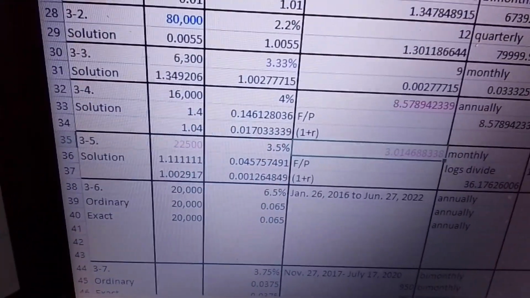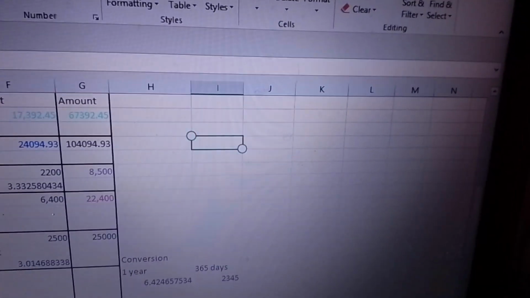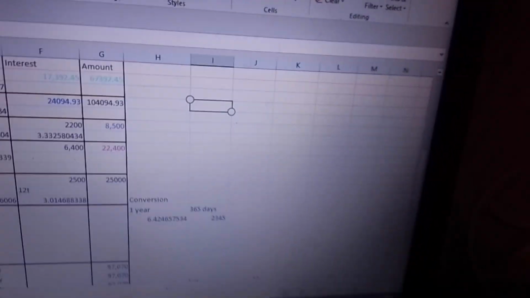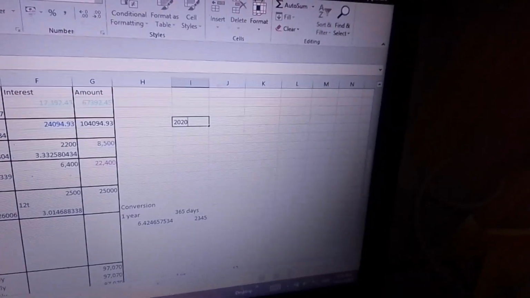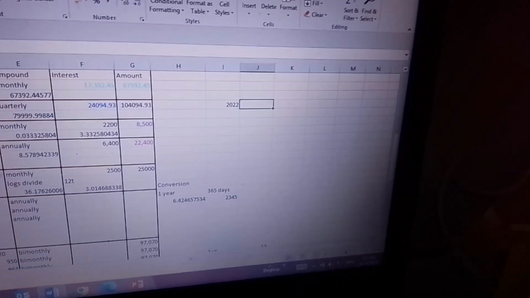Now, here's my solution sheet. I did it in both situations for ordinary and exact, but I think I might be more compatible with ordinary time. So, to do for ordinary time, remember this what I do? So, I have 2022 here. This the year. Sorry pala, 2022. And then this my month, June 27, E2.